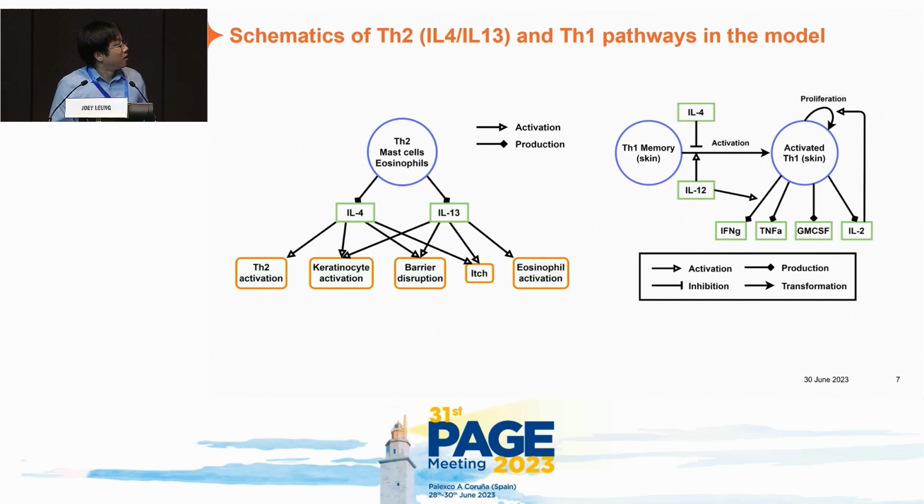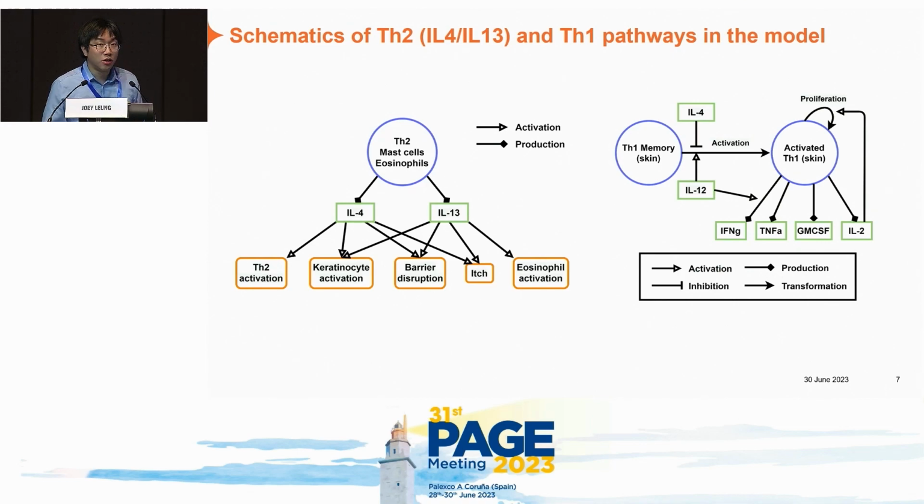So here I focused on the pathways, the Th1 and Th2 pathways that are important for atopic dermatitis and how it's implemented in the model. On the left, you can see this is the Th2 schematic focusing on IL-4 and IL-13 as the main cytokines. And these are produced by Th2, mast cells, eosinophils.